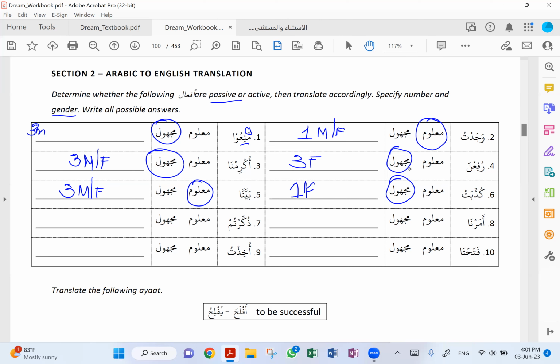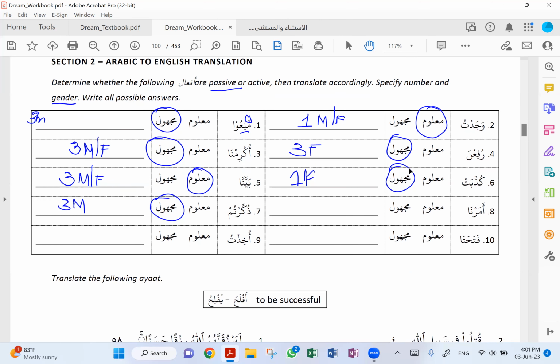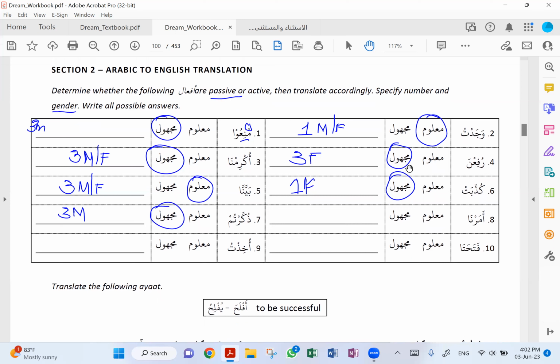Number 7, ذكرتم. Majhul. Plural, second person plural masculine. أنتم ذكرتم. You all were remembered. You were reminded.